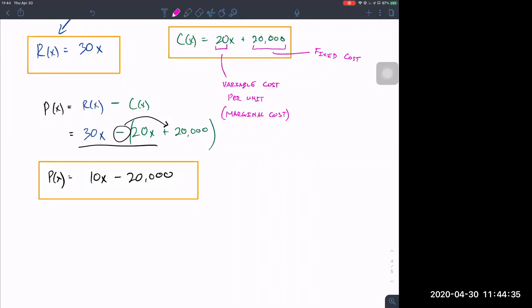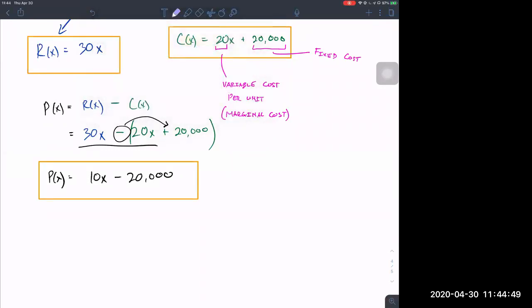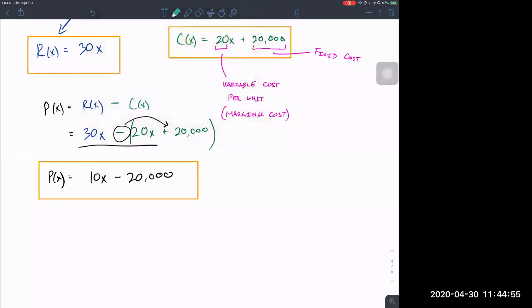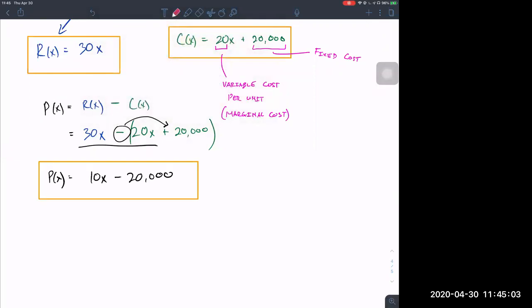you drop any variables, throw in dollar signs, and realize this is a dollar amount. The additional thing with the cost function that's special or unique is that it also leads to what's called the average cost per unit.